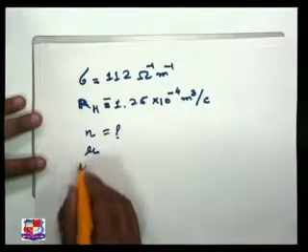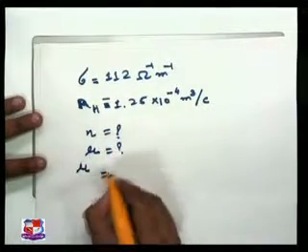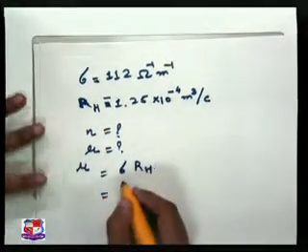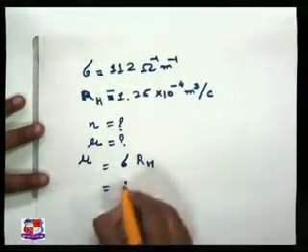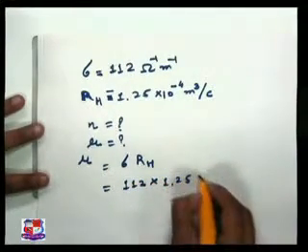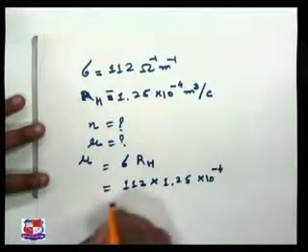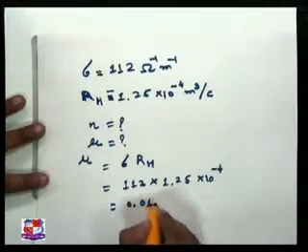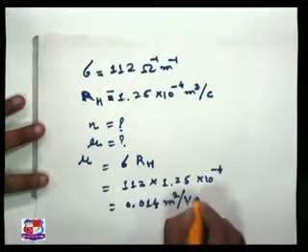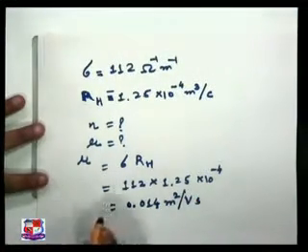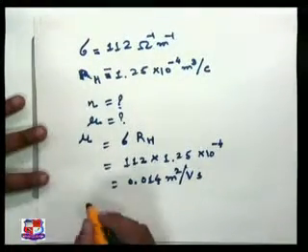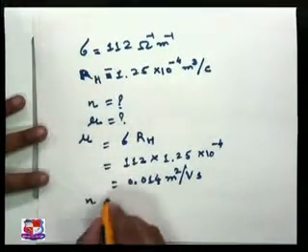What will be mu? As I said earlier, it is sigma R H. Sigma is given as 112, R H is 1.25 into 10 raised to minus 4. So we can have 0.014 meter square per volt per second. That is the mobility. And what will be N E, that is the charge carrier concentration?